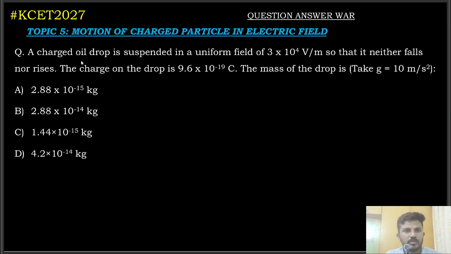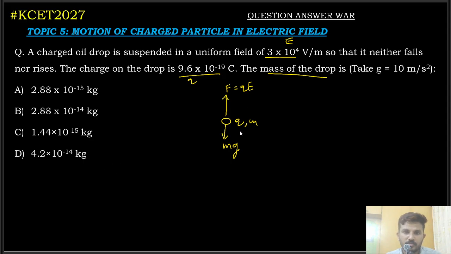Okay, a charged oil drop is suspended in a uniform electric field. So the E value is given so that it neither falls nor rises. Here we have the suspended charge. There will be a gravitational force downward and an electric force upwards, qE. They are asking to calculate the mass.